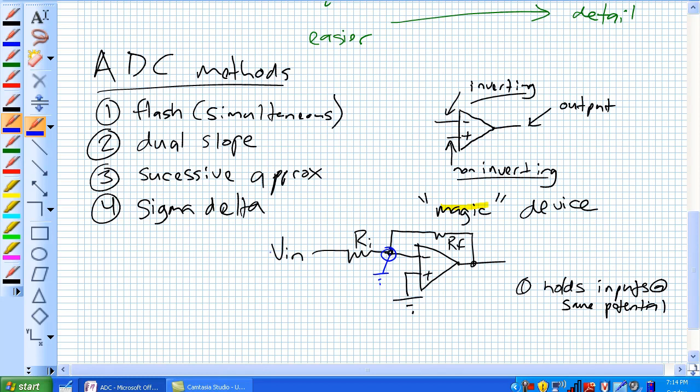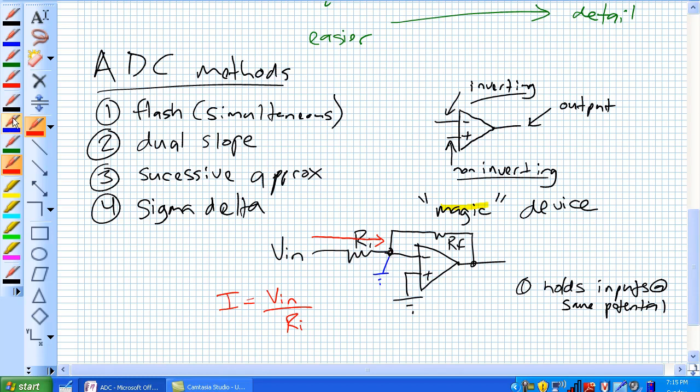Well, if we apply a certain voltage to Vin, whatever it may be, +5, +8, there exists a potential gradient across Ri, which will cause current to flow in that direction. And that current, I, is equal to Vin divided by Ri, because this potential's at ground here.